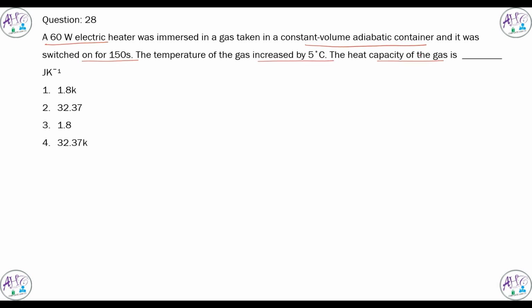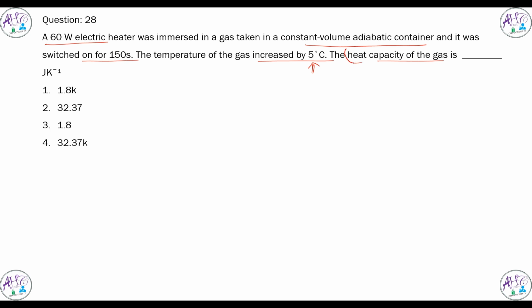So what they have done is taken an adiabatic container which maintains a constant volume. In that they are putting a 60-watt electric heater, and switching it on for 150 seconds. In 150 seconds the temperature increased by 5 degrees Celsius.